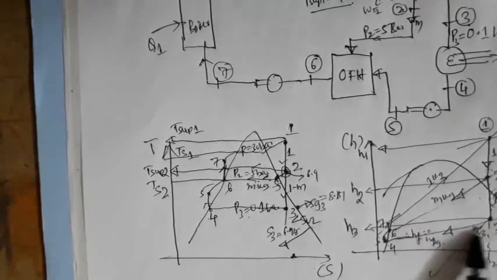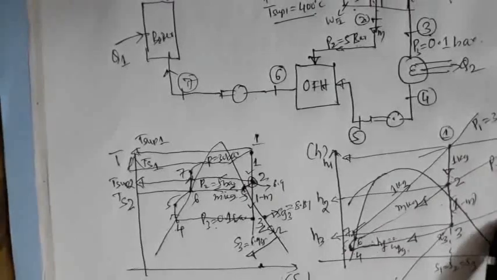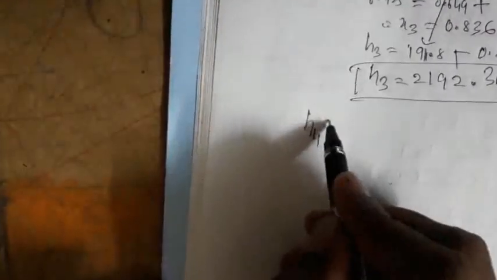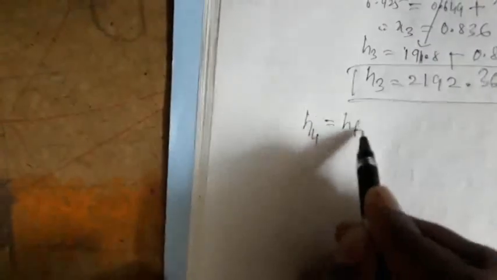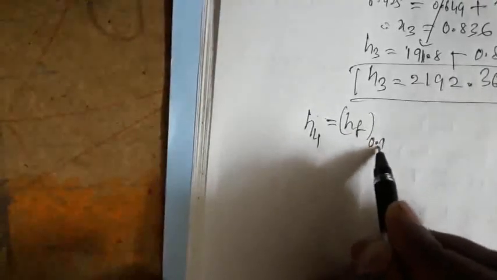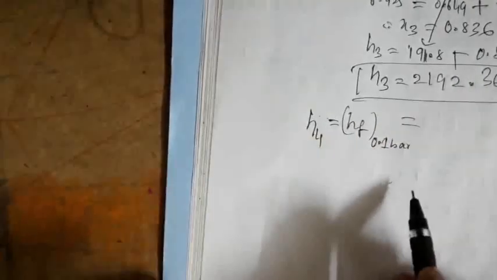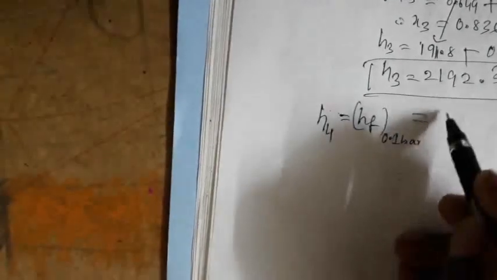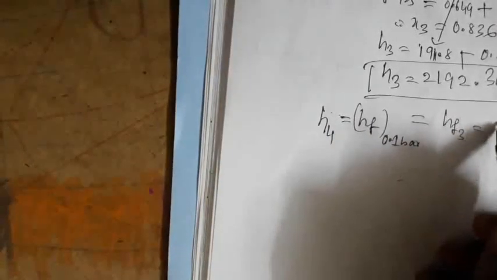So from the steam table, H4 is equal to HF at 0.1 bar, which is equal to HF at 3 also, that is 191.8 kilojoule per kg.